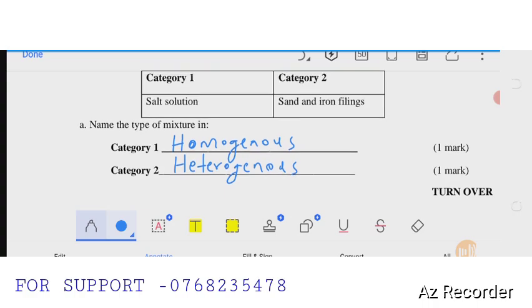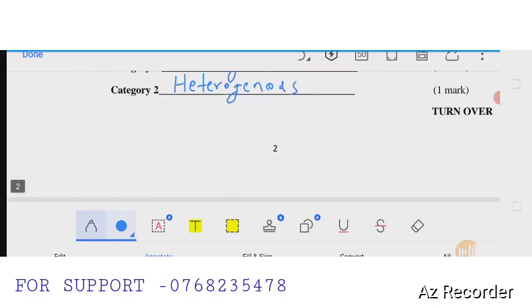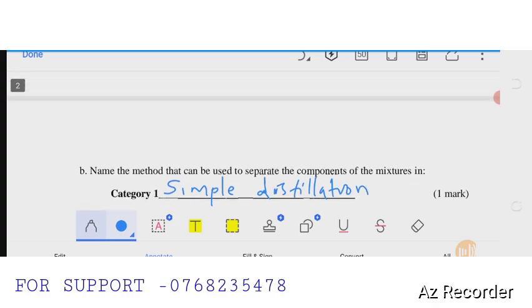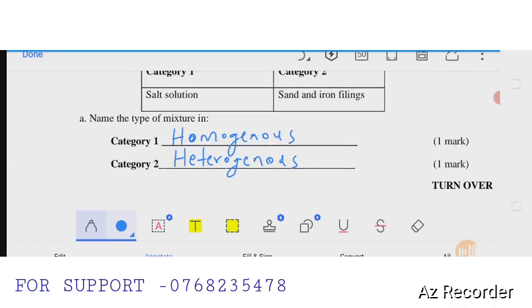So we're supposed to look for a method that can help us to recover salt and water separately, which is simple distillation.